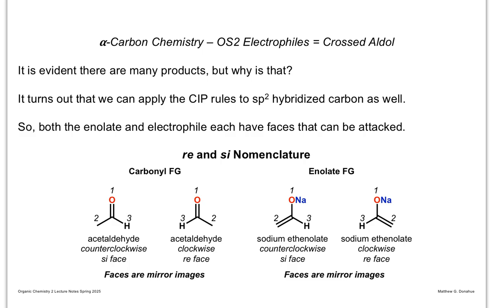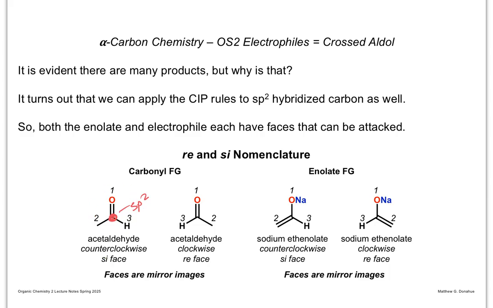So if we look at the electrophile, which I have listed as carbonyl functional group, we're going to anchor our eyeball on that red dot. So that's an sp2 hybridized carbon. We can still apply the CIP rules using atomic number. Oxygen would get a priority of 1, carbon 2, hydrogen 3. So there you're going counterclockwise.